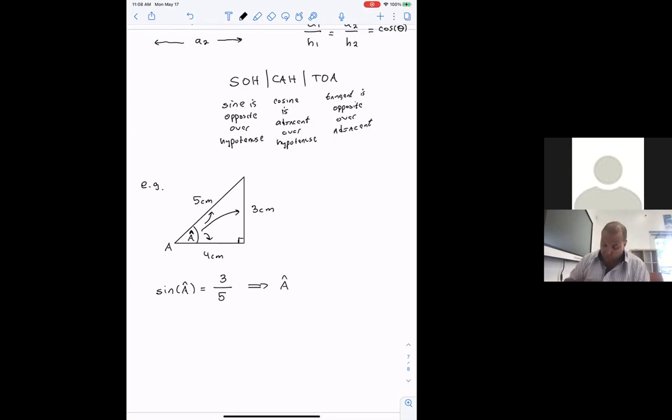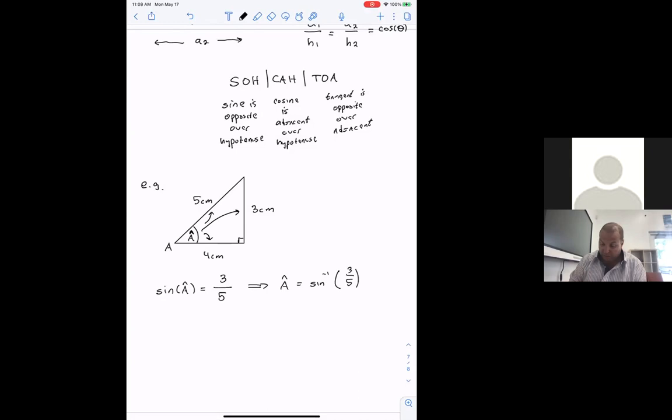So what we're going to do is take out our calculator, and look for the button that says sine, and it looks like a -1 power. It's not a -1 power, it's an inverse, sine inverse of 3/5. And you want to make sure that you are in degree mode in your calculator, not radian mode.